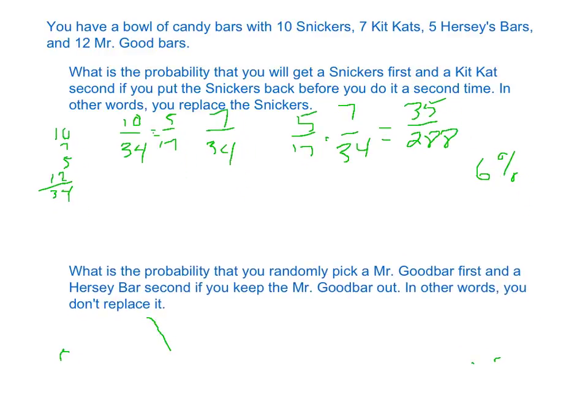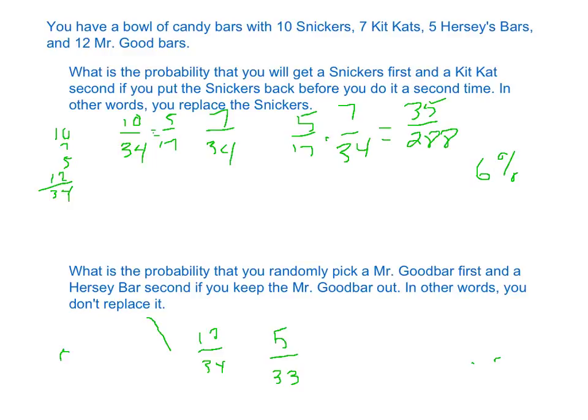So we've got 12 out of the 34. And if we look at the Hershey bar, there are 5 of them. But now we have one less than before because we kept out the Mr. Goodbar, so there's only 33 candy bars.